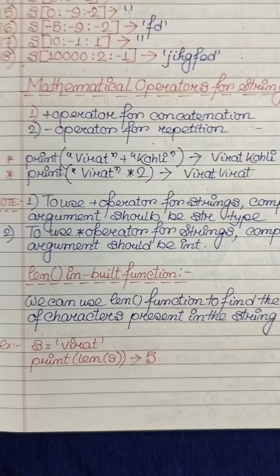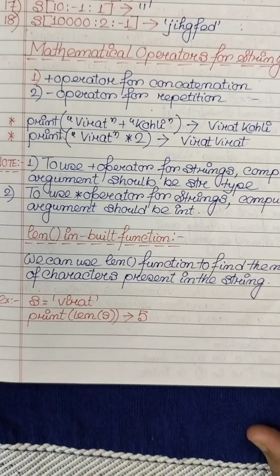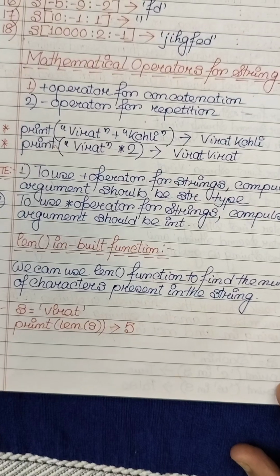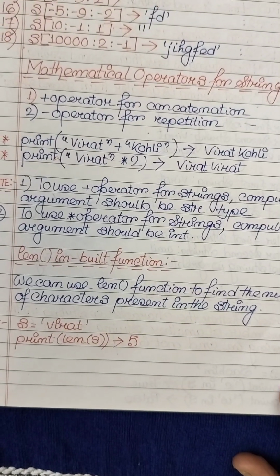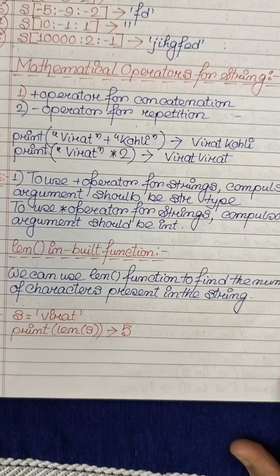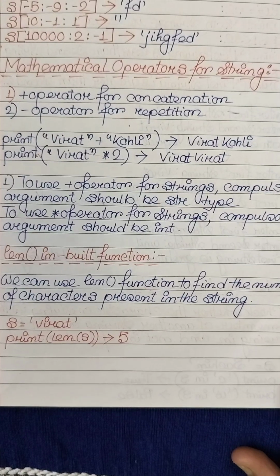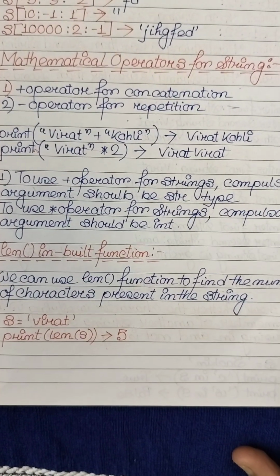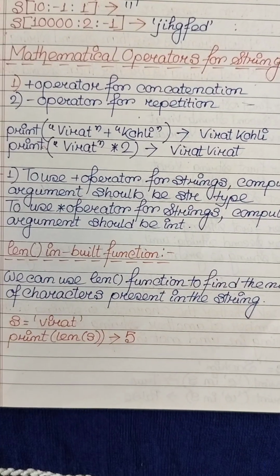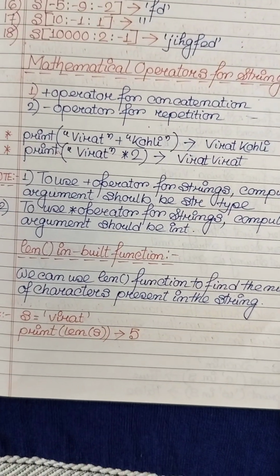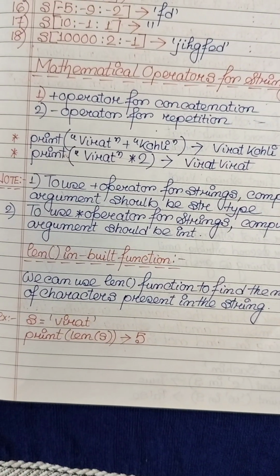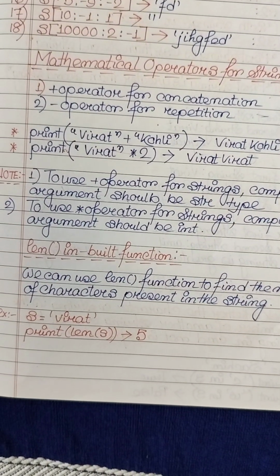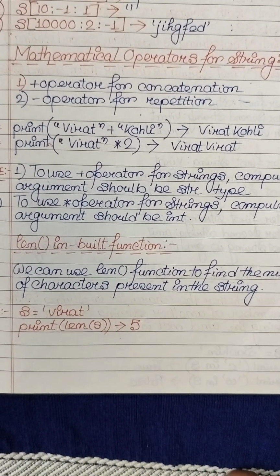That means in the first case, when we are using the plus operator, two strings are needed. One string and one int will not work, the operator will not grant the permission. But in the star asterisk operator for strings, compulsorily one argument should be int.